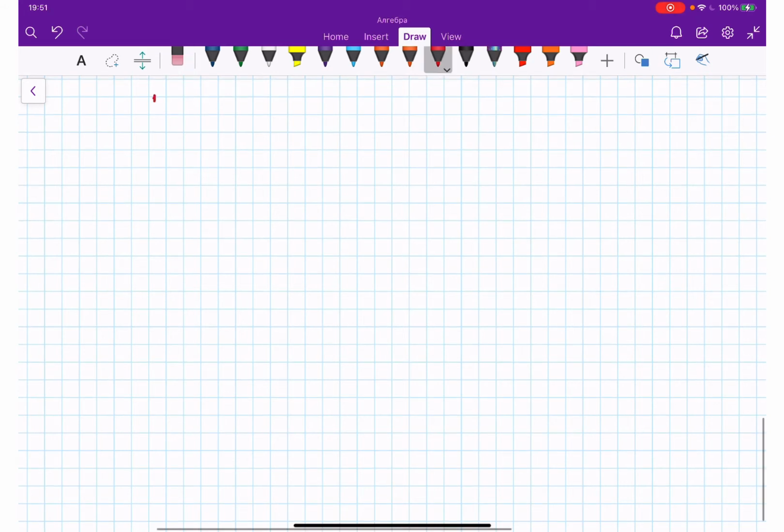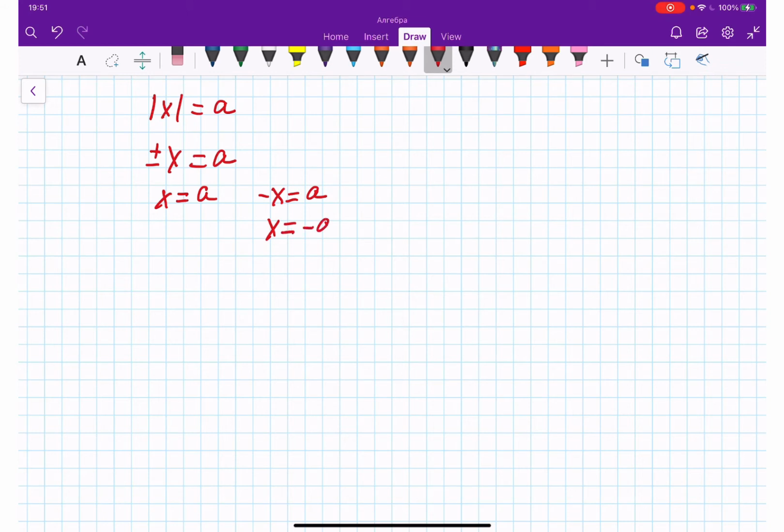When absolute value of x is equal a, that means plus minus x is equal a, which means x is equal a and negative x is equal a, which means x is equal negative a.